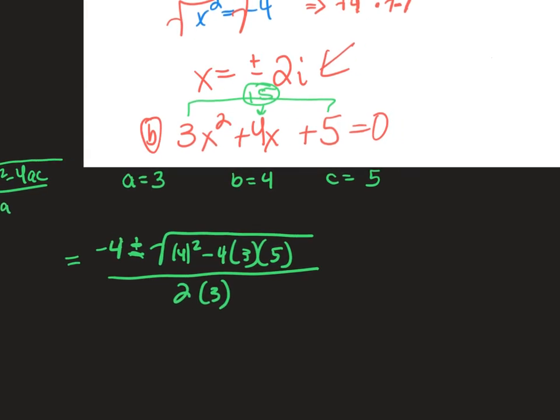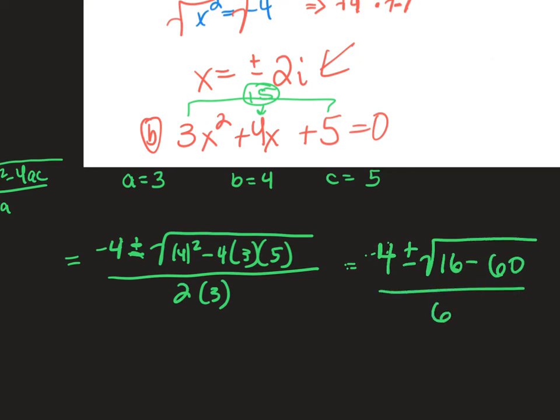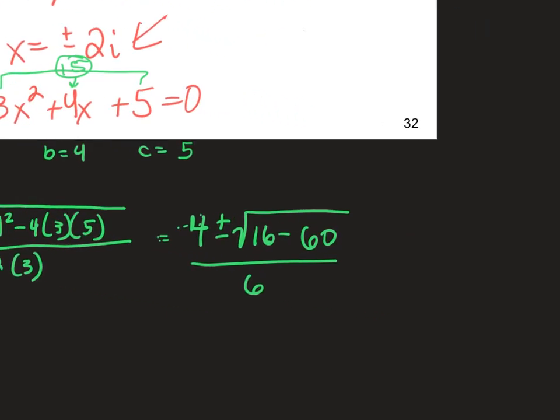Now, let's go through and simplify. I have negative 4 plus or minus. What's the 4 squared? 16. Then I have minus 4 times 3 times 5, which is 60. 4 times 3 is 12, times 5 is 60, all over 6. Everybody with me?